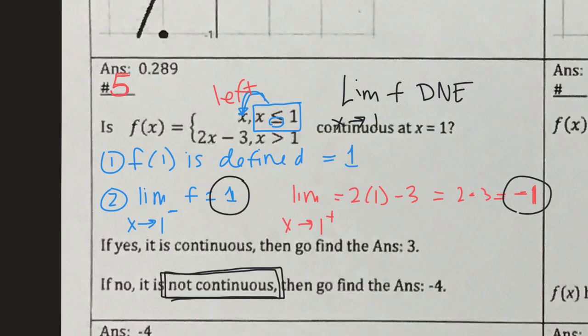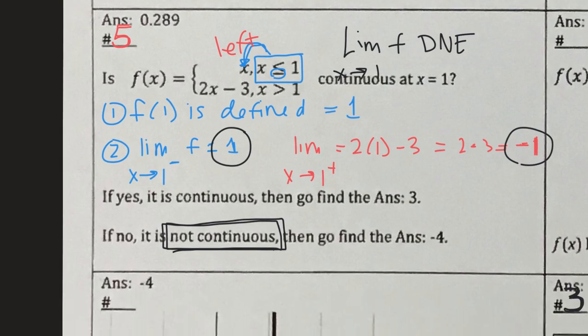And in order for a function to be continuous, that's one of our 3 things: the limit must exist. So you plug 1 into your top equation, you plug 1 into your bottom equation, and you see what their 2 values are. And these ones are not the same, so our function is not continuous because the limit does not exist.